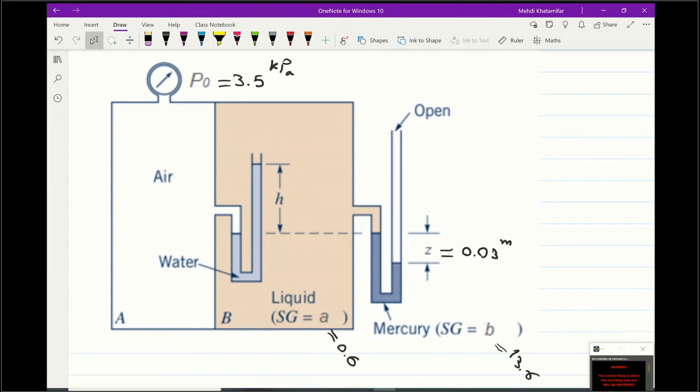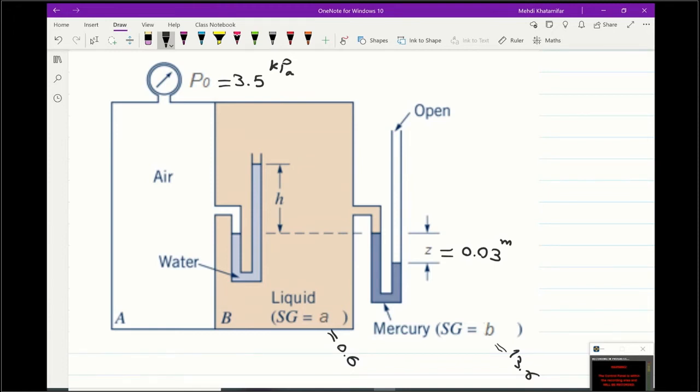And all those tubes must be connected, vertical or horizontal tubes. That's it. And start from the air side.